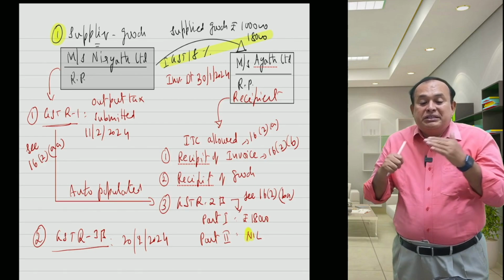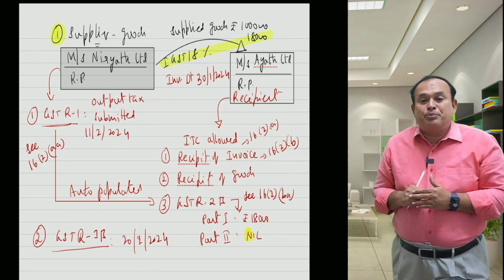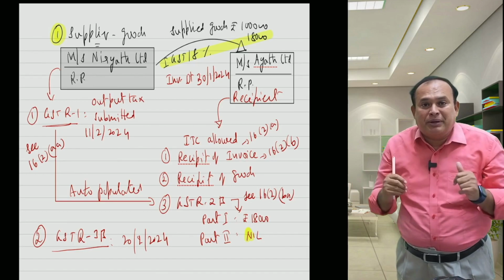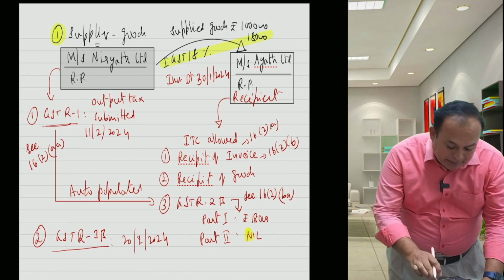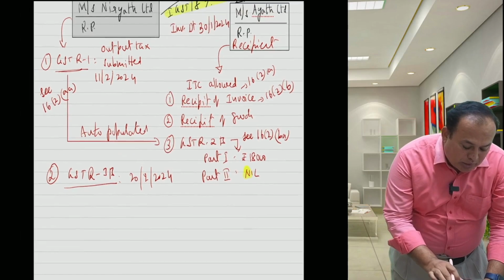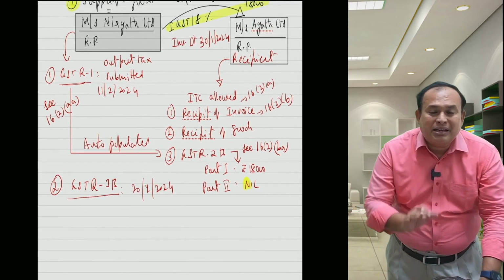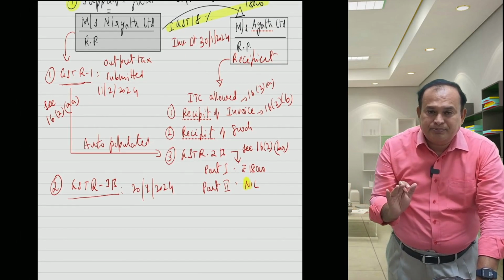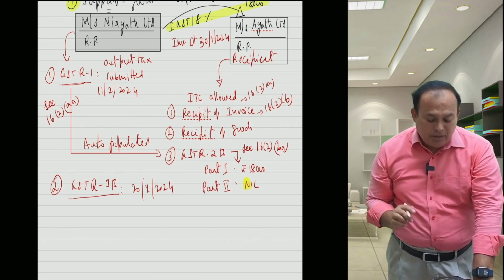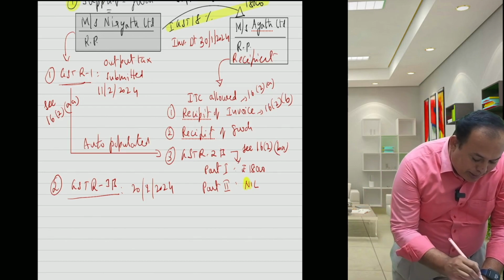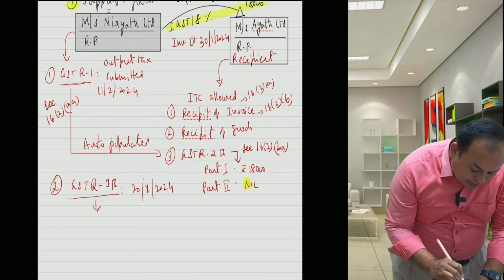Therefore, GSTR-3B should be submitted with payment to the department. For example, this particular supplier Niryat Limited does not have any input tax credit, only the output tax liability. Therefore, he has to pay by electronic cash ledger.